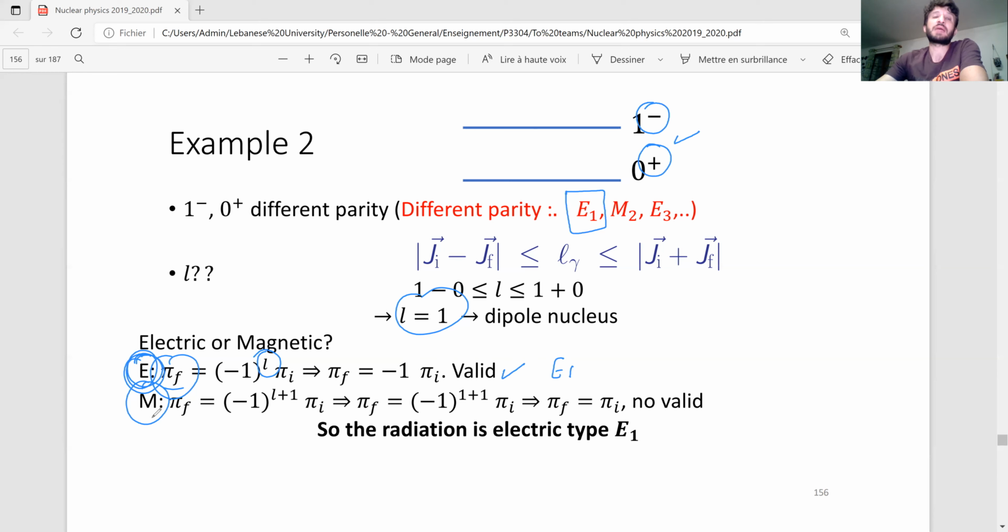But M1 is not okay, because if you put L equals 1 here, you get pi initial equals pi final. It's not valid. So for E1, you can say yes, but for M1, you can say no. So here we have an electric dipole transition.